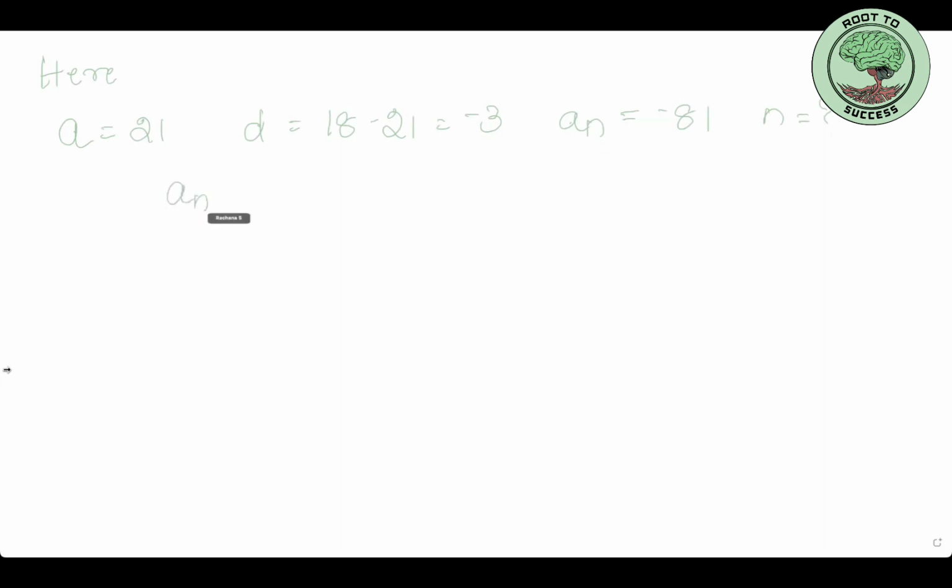Let's put in the formula. An = A + (n - 1)D. So An we have minus 81, A will be 21, n minus 1, and D will be minus 3.